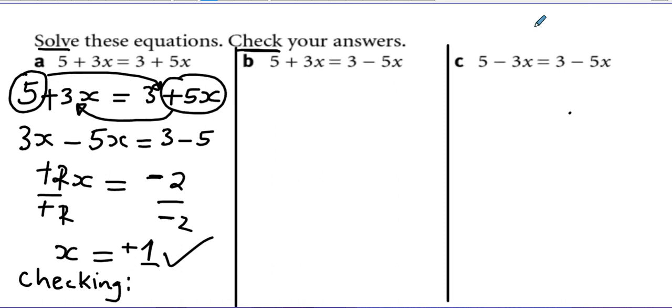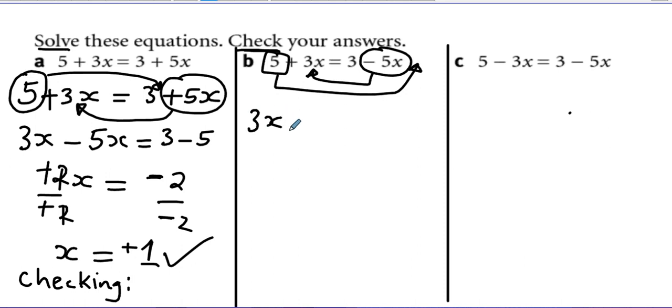Okay, let us go to part B, collect like terms. The number without a letter, shift it to the right hand side, and this negative 5x with a letter, shift it to the left hand side. So this will be 3x plus 5x equals 3 minus 5.